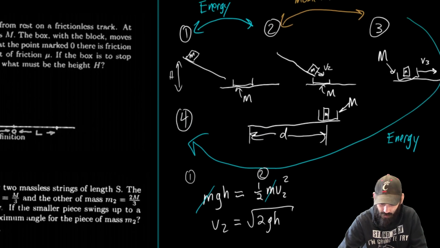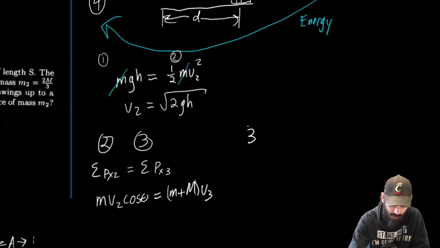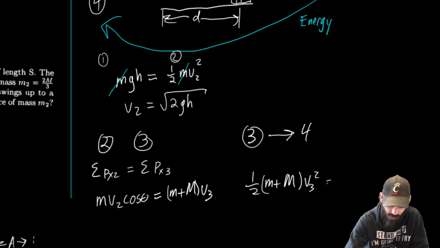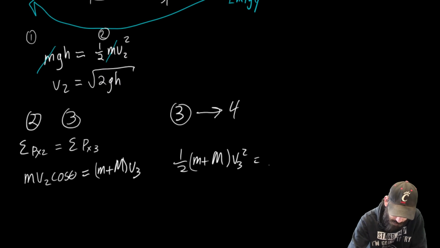Now, to go from state 3 to state 4, we're conserving energy again. So this is going to be 1/2 (M plus m) times v3 squared, and this is going to be equal to the work done by friction. So this is going to be mu times (M plus m) times g times the distance that it goes.